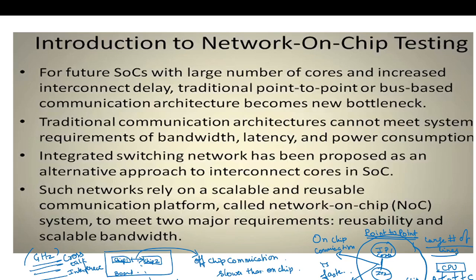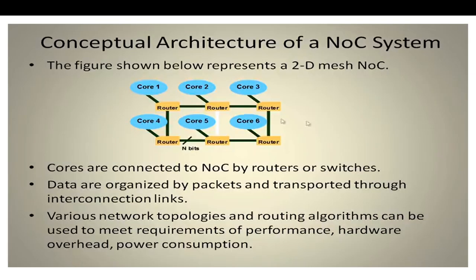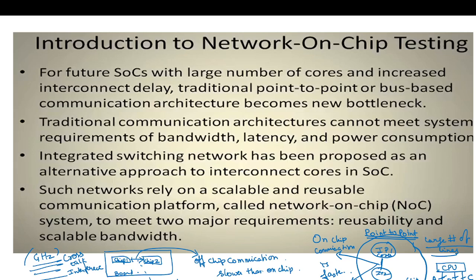So what is the standard solution for this? The standard solution is to have a bus architecture. What does bus architecture mean? We have a bus master and then we have the IP cores connected, IP1, IP2.